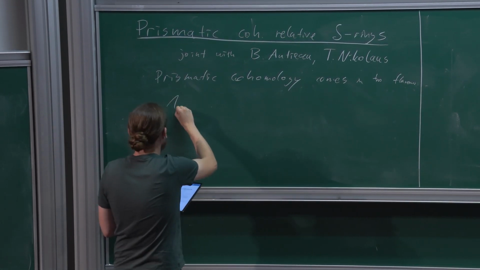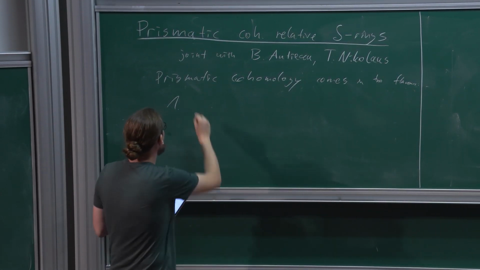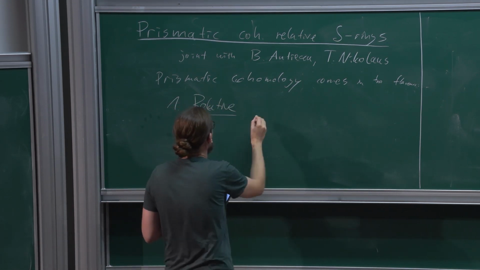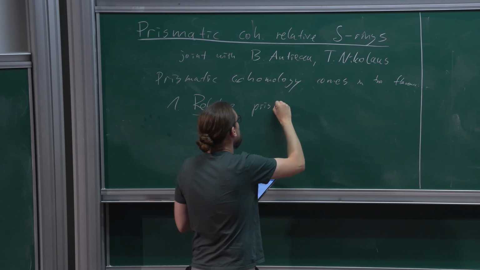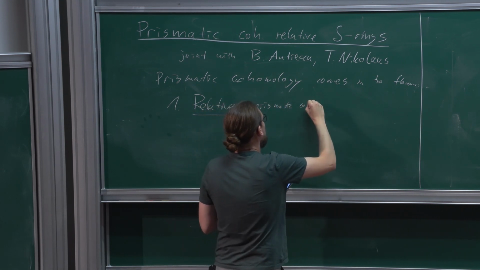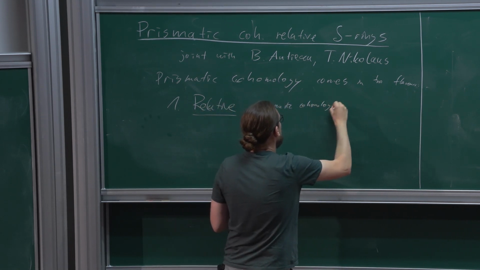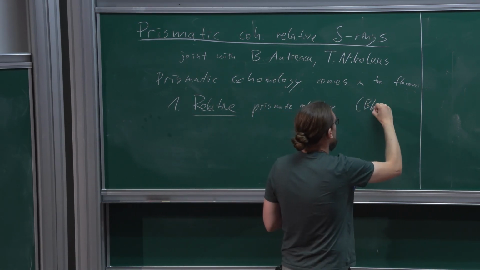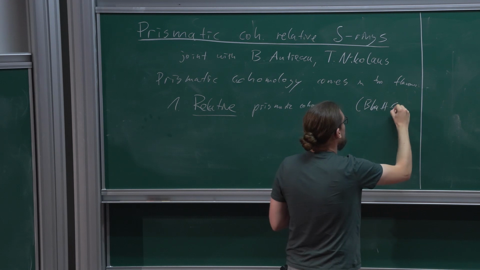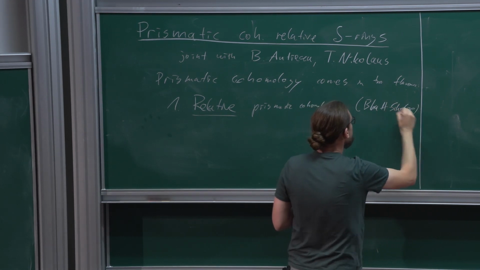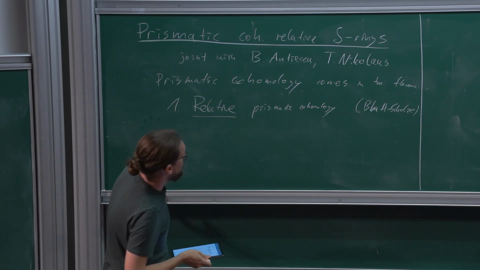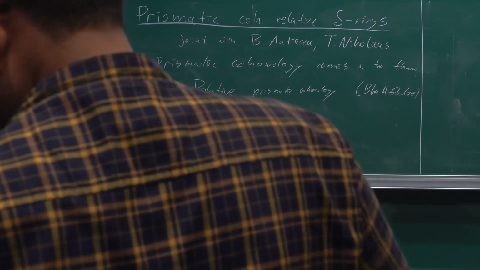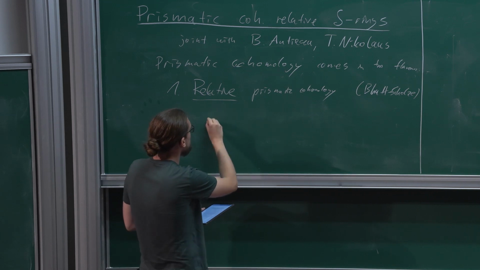The first of which is relative prismatic cohomology, as defined by Bhatt and Scholze. This takes the following format.